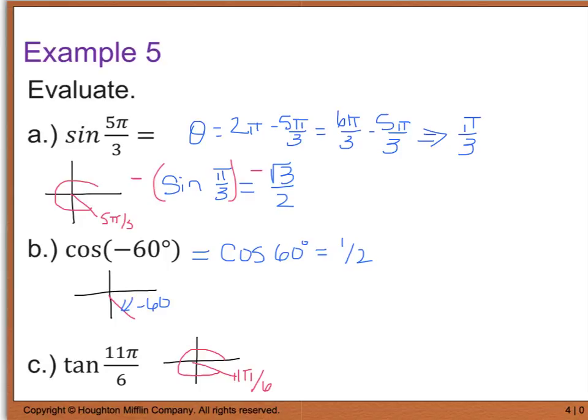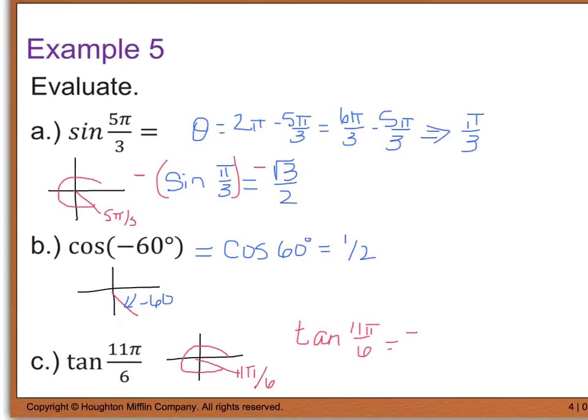So I know that the tangent of 11 pi divided by 6 is going to give me a negative because x is positive, y is negative. I'm going to end up with a negative square root of 3 over 3.